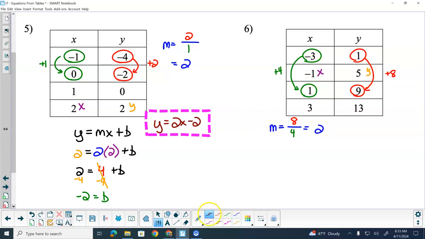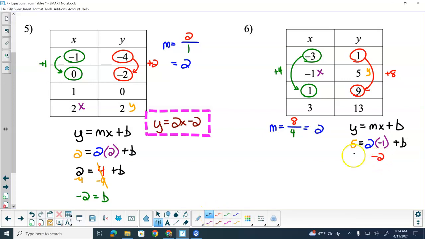So if I go y equals mx plus b, then I got 5 equals 2 times negative 1 plus b. 2 times negative 1 is negative 2.